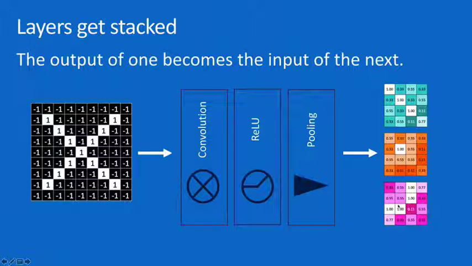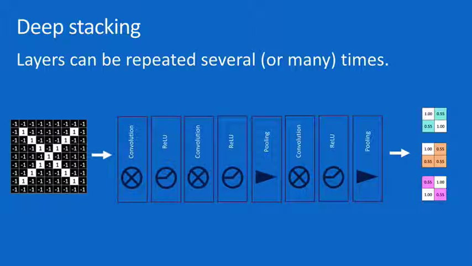And now there's nothing stopping you from repeating this entire convolution, ReLU, and pooling operation again with this output as the input. So you can do deep stacking, and this is where deep convolutional neural networks really come from. You can do this many, many times: convolution, ReLU, pooling.